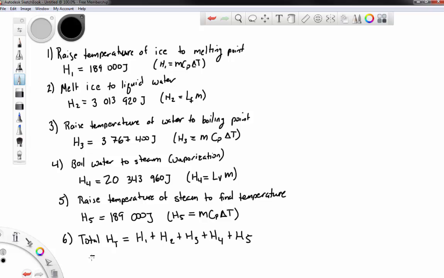Okay, so that means that the total heat is 189,000 joules plus 3,013,920 joules plus 3,767,400 joules plus 20,343,960 joules plus 189,000 joules.